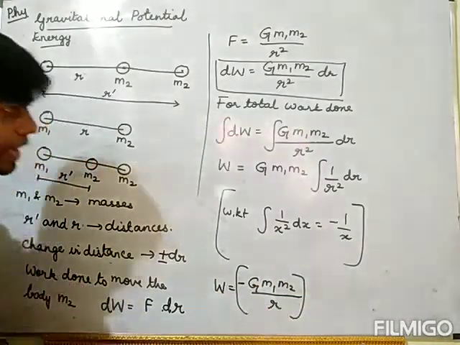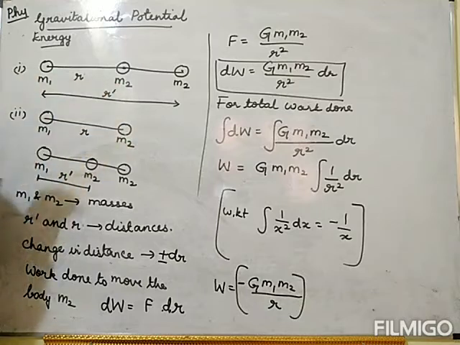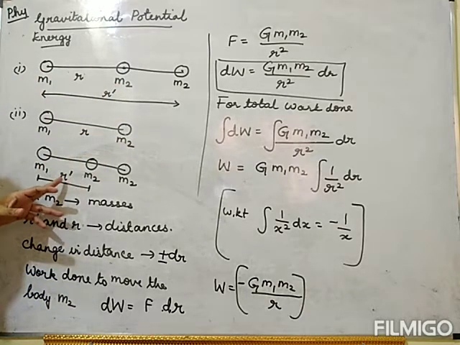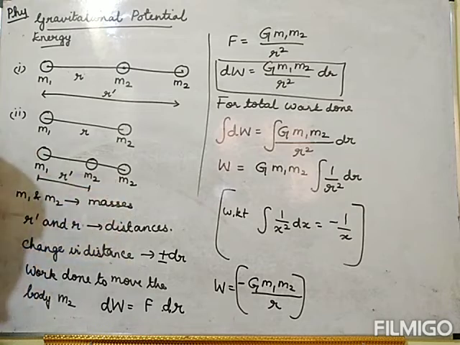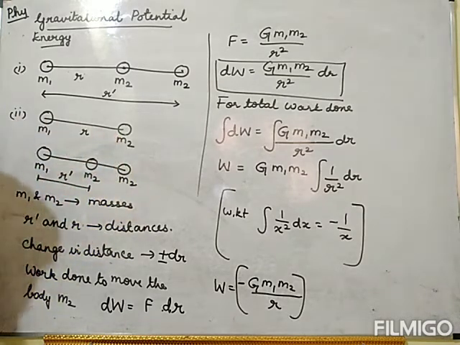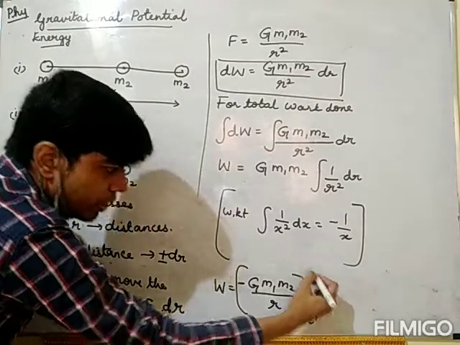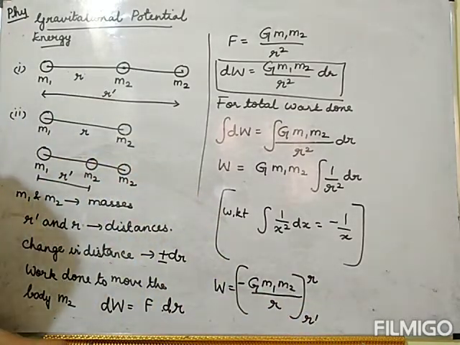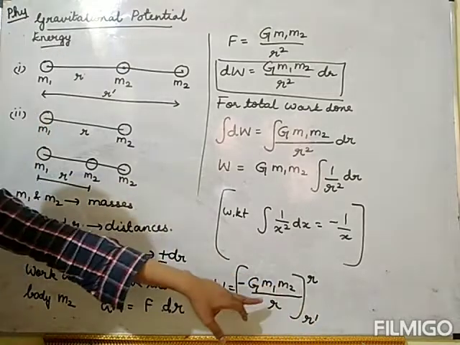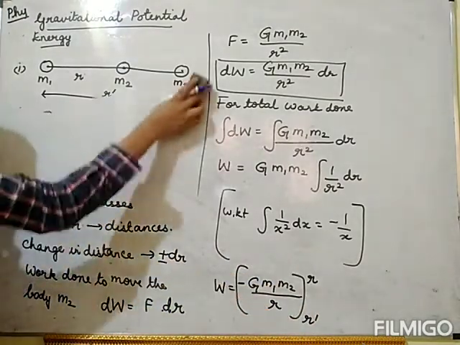Now I have to write the limits. The distance is changing from r to r dash, or here we can say it is changing from r dash to r. So that is the limit. First I have to substitute the upper limit, then minus the lower limit.